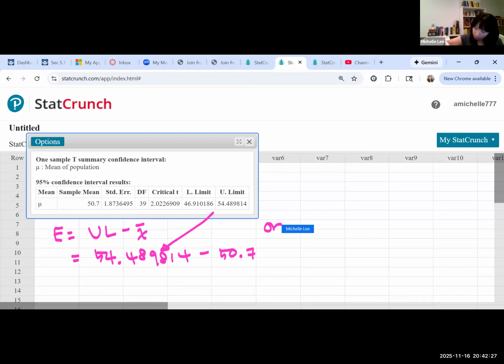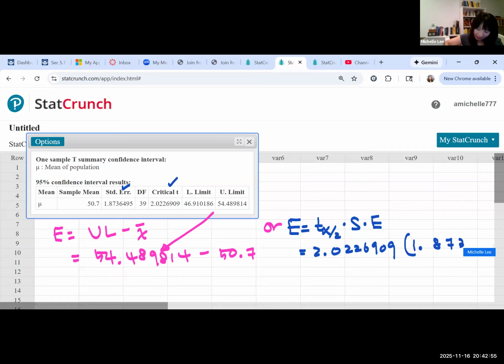Then can we try, what is called, margin of error t is alpha over 2 times standard deviation, sorry, standard error, right? There will be critical t, which is 2.02260909, and standard error here 1.8736495. Yeah, I want to keep everything so that I know the exact number, right?